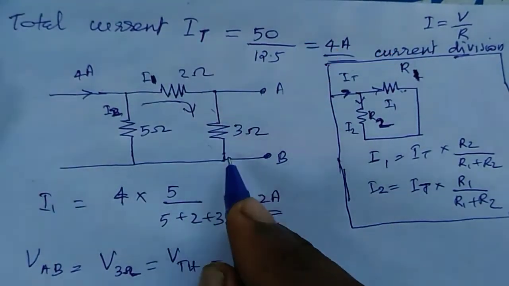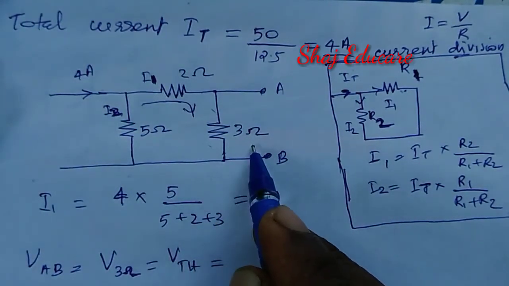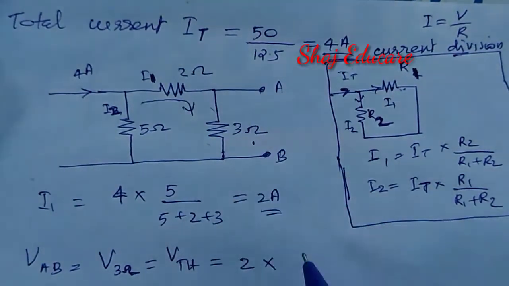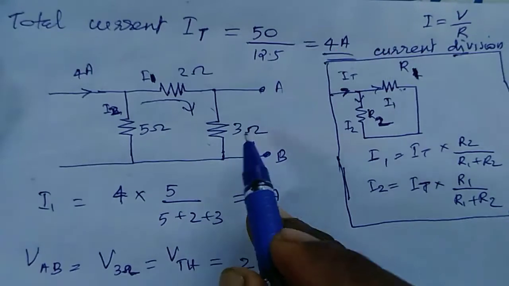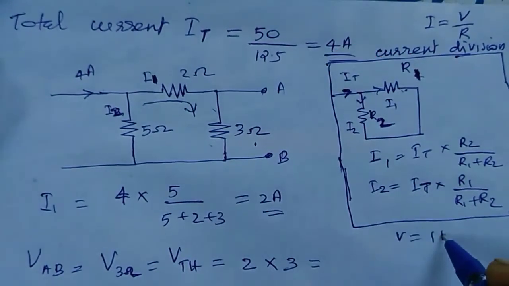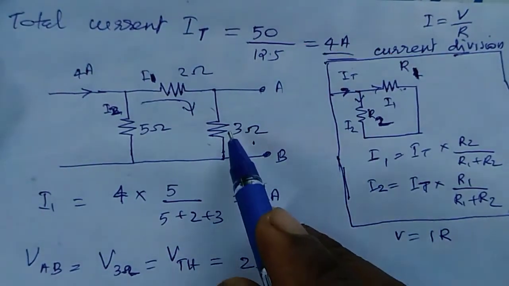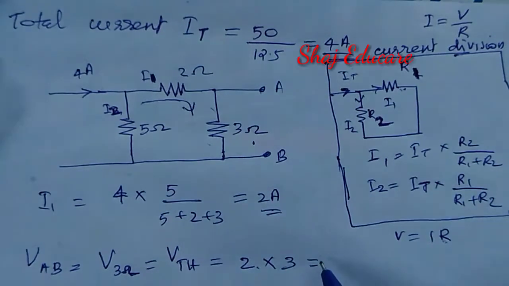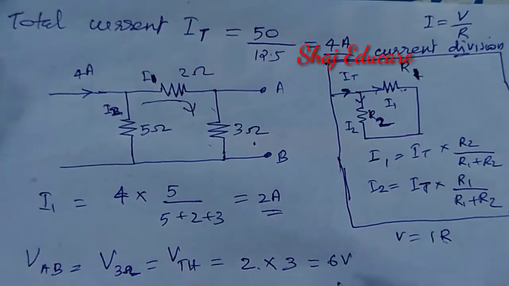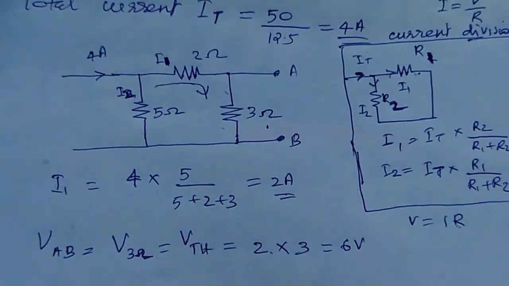Simply V is equal to I into R. I is 2 ampere, and the corresponding resistance is 3. So 3 into 2 gives 6 volt. 6 volt is the Thevenin equivalent voltage across A and B.